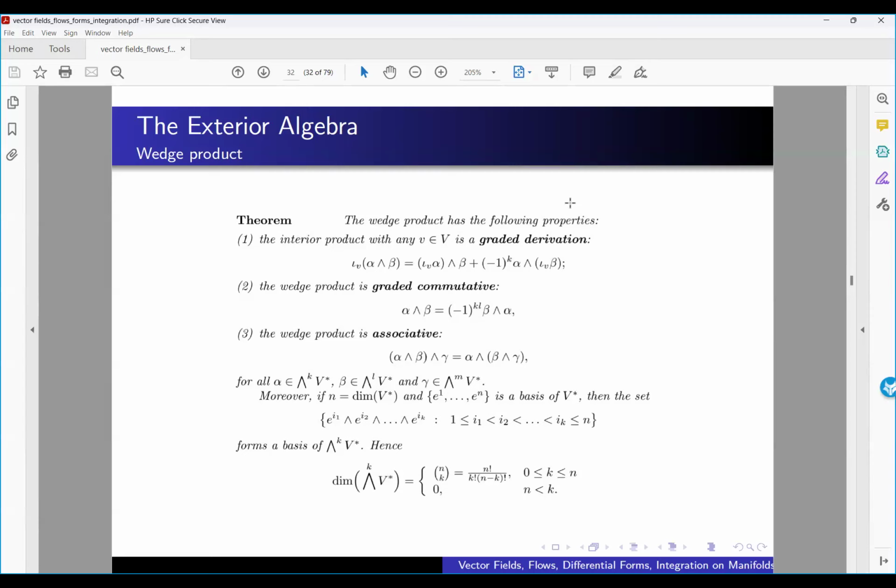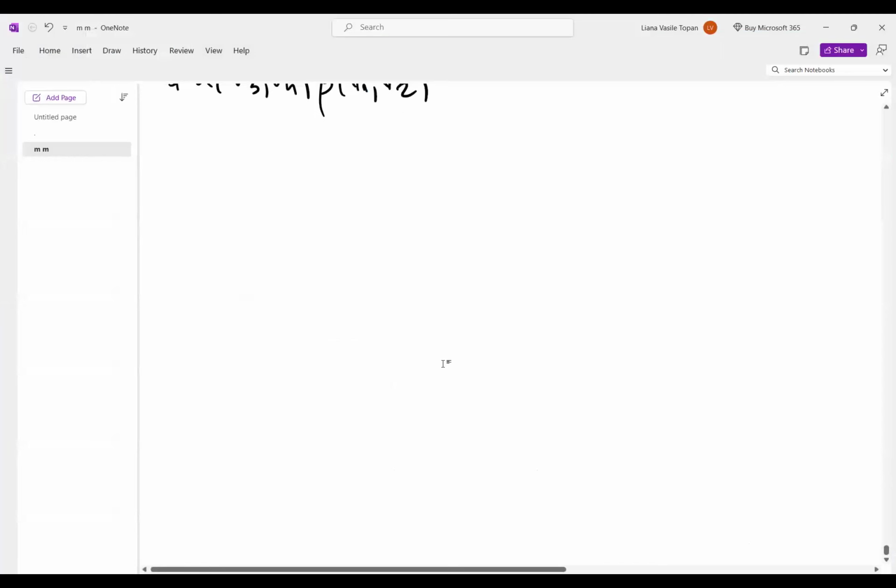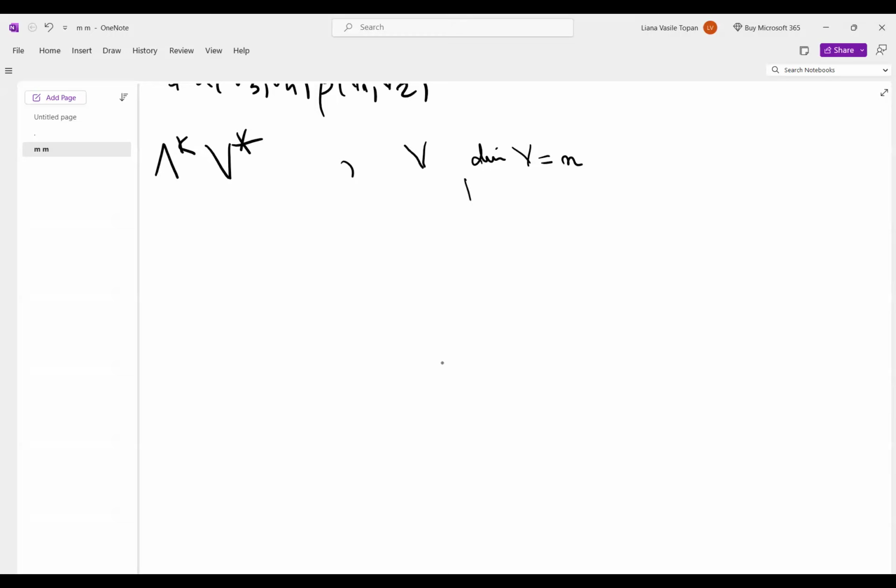I'm going to explain this a little bit. Suppose that V is a finite dimensional vector space with dimension n, and suppose that we have a basis for V. Now, every basis for V will determine a basis for the dual space.